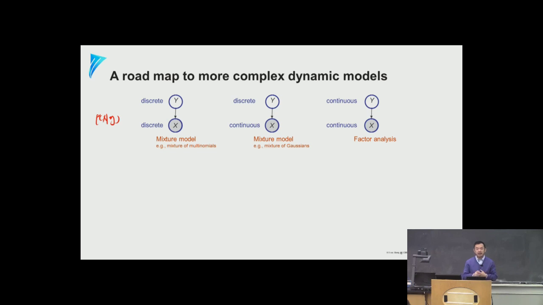You can basically extrapolate that hidden variable and turn it into a continuous y. Graphical model-wise, it gives you the same graphical model, but a different type of model called factor analysis. So here, y is continuous.